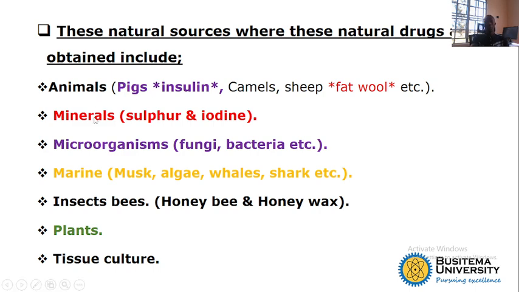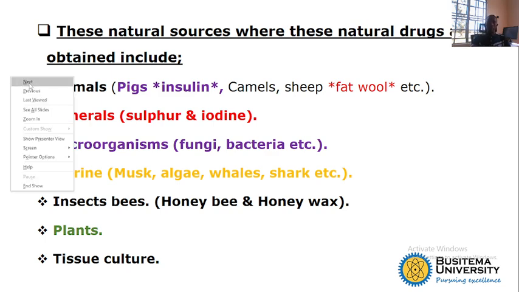We have minerals, and minerals are also sources of natural drugs. For example, sulfur, iron, iodine, and many other minerals are sources of natural drugs. We have microorganisms like bacteria and fungi, and these have been great sources of natural drugs.